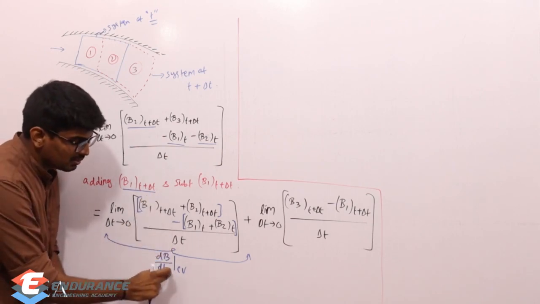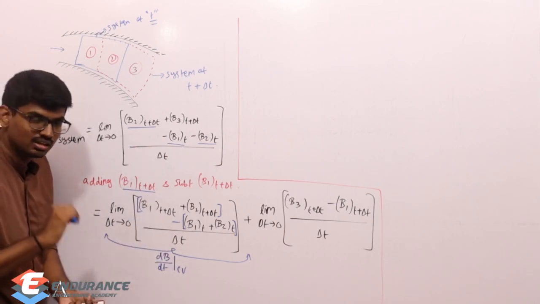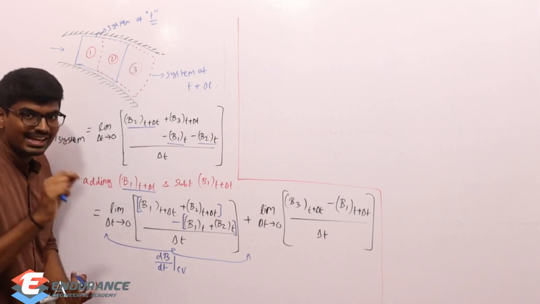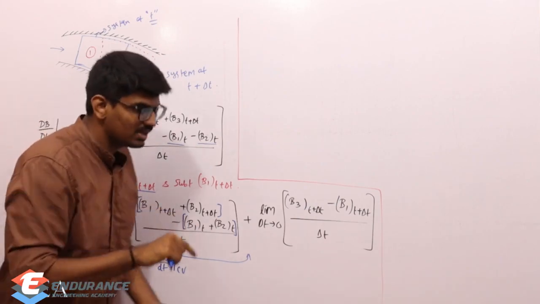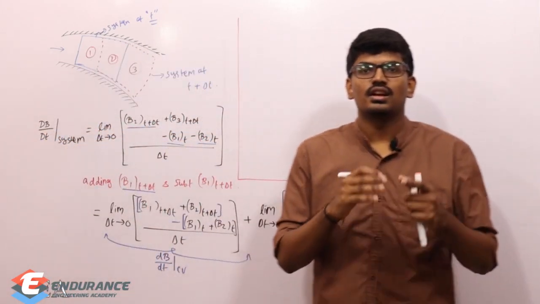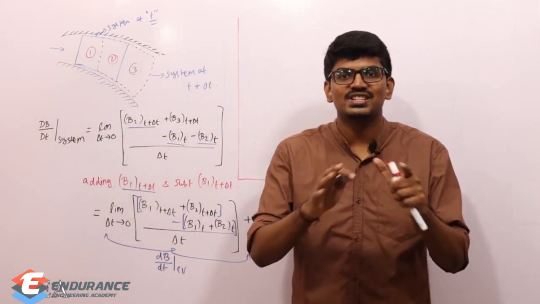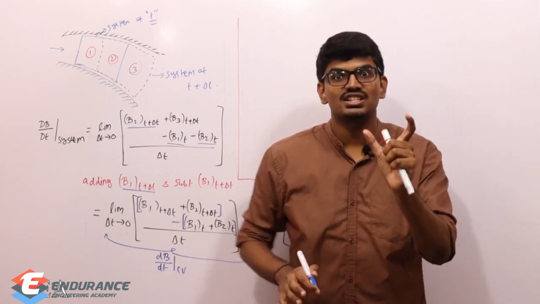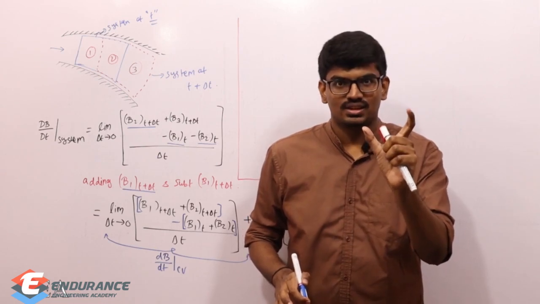So this corresponds to dB by dt of the control volume. But I won't use D. Why? For control volume, I said at the beginning itself, the control volume's position is fixed always. Position is constant.